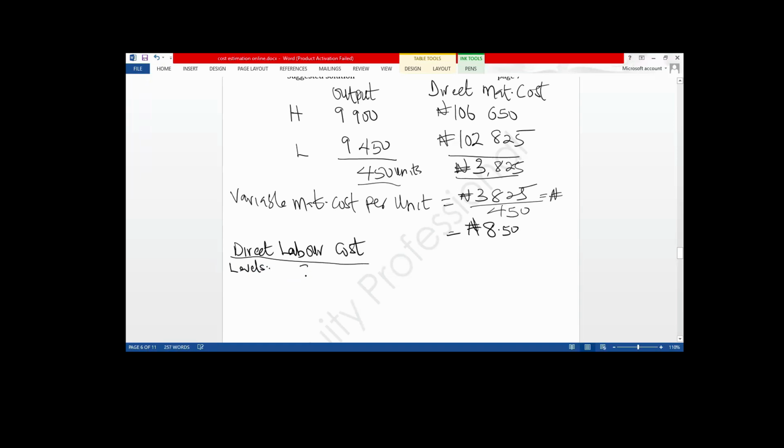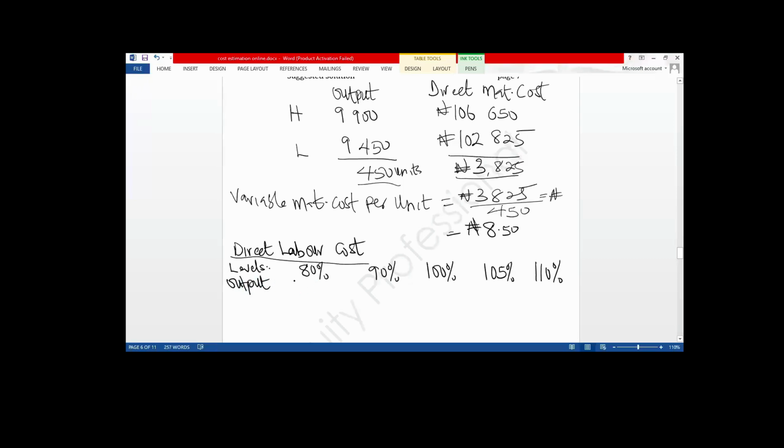We have 80% level, 90% level, 100% level, 105%. We have our outputs.